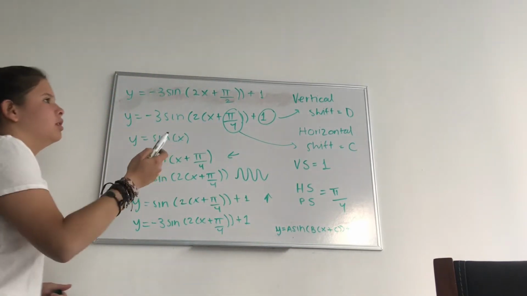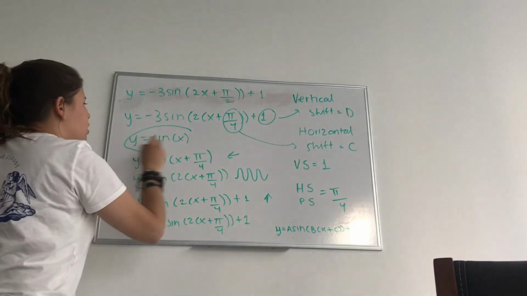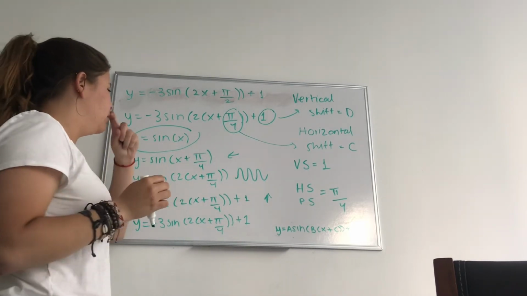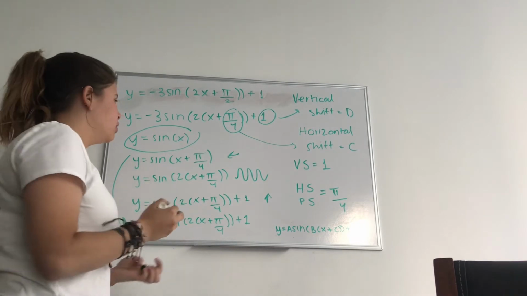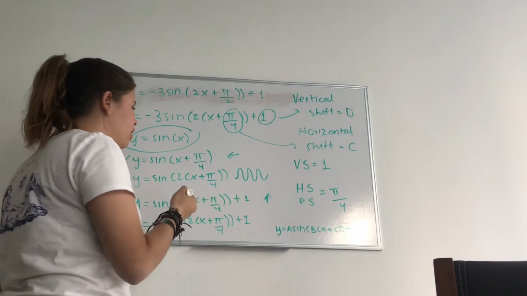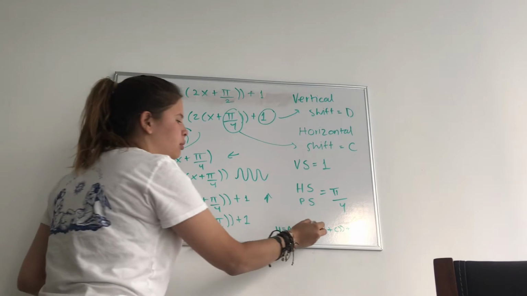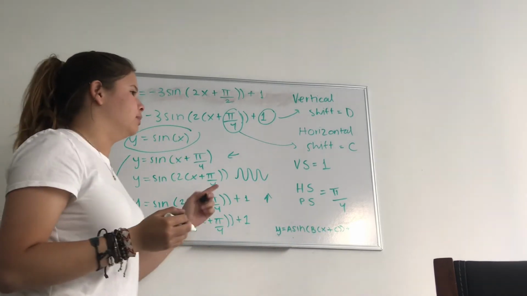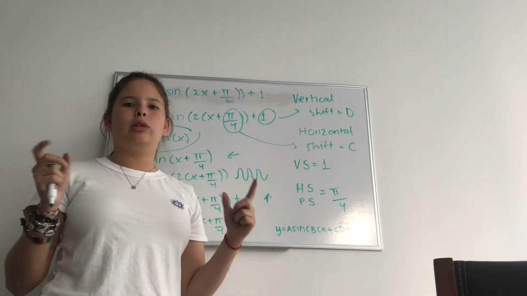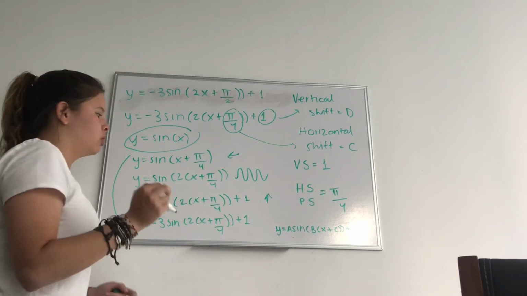So to know how to convert this one into this one, first we begin with the c, the horizontal shift, and we add it, and this will make the graph move to the left. Then we multiply times 2, that will be the b, and it will make the space between two continuous peaks shorter.